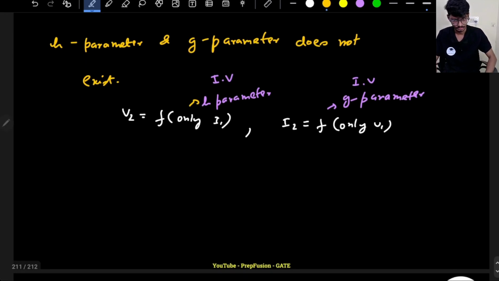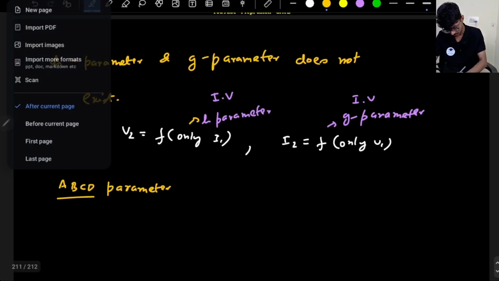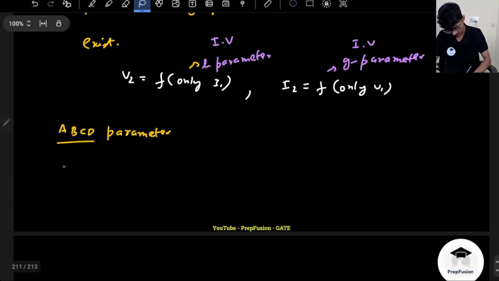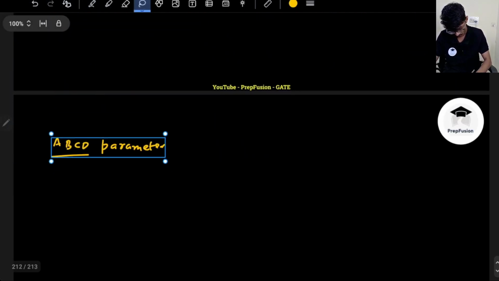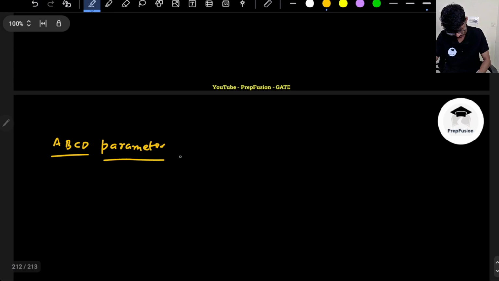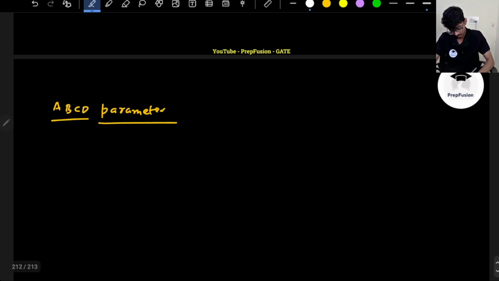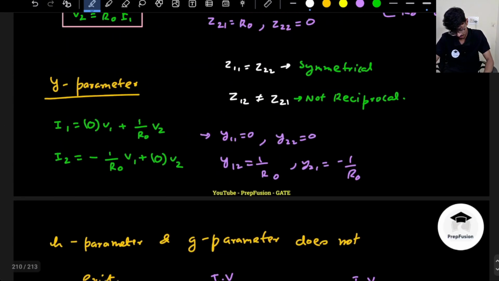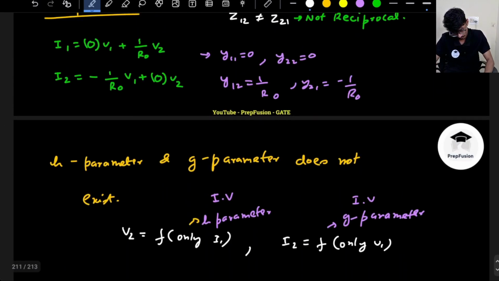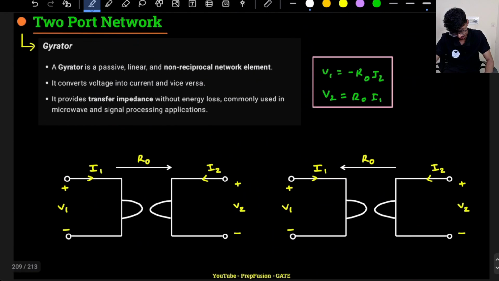What about ABCD parameter? Okay, so ABCD parameter again is simple. So ABCD parameter will take one more page. What is the ABCD parameter?